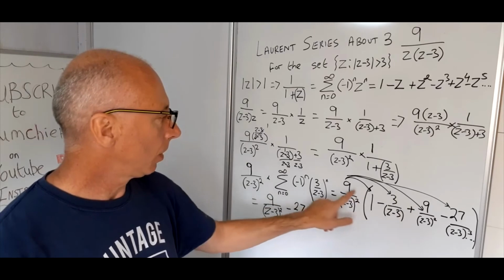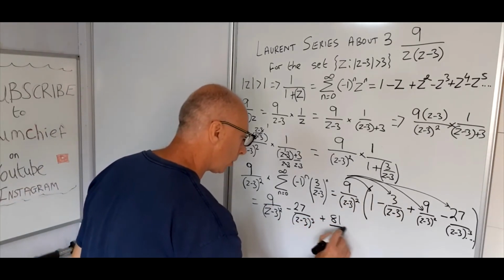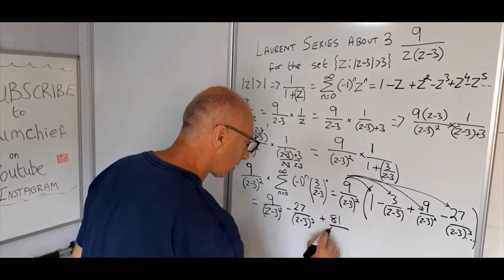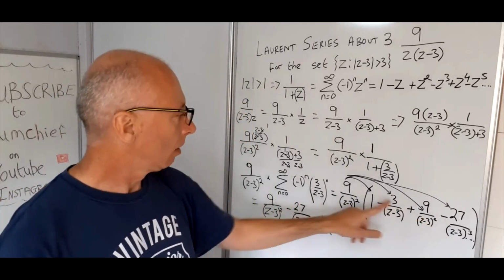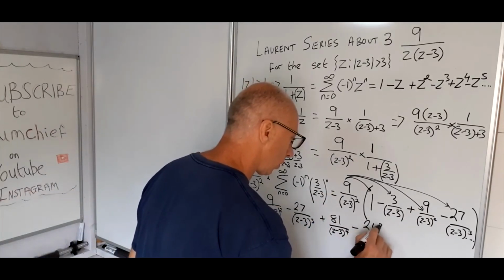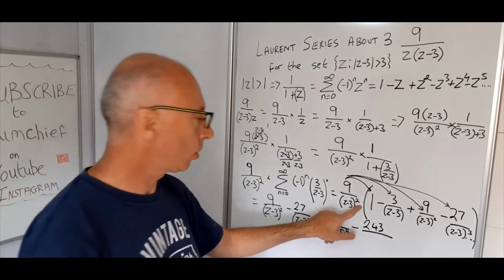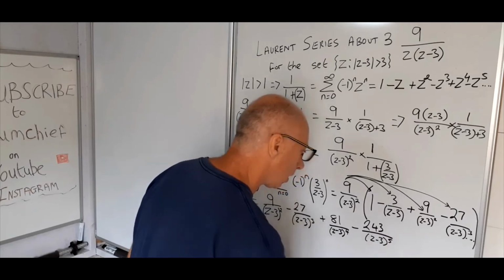Okay, now with this one, that's a positive, so that's going to be positive 81. z minus 3 squared and squared, that's z minus 3 to the power of 4. And now we can see the pattern. Minus 27 times 9, well 27 times 9 is 243. And then z minus 3 to the 3 times z minus 3 to the 2 is just z minus 3 to the 5.